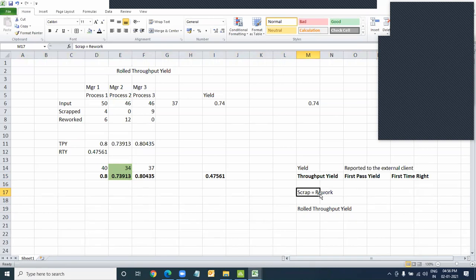We are trying to penalize the process or the people for having the mindset of making a defect. Tell me that you reworked it. I want to understand why you made a defect in the first case. Till the time we don't penalize this mindset that it's okay to have a rework, although in the end we fixed it.